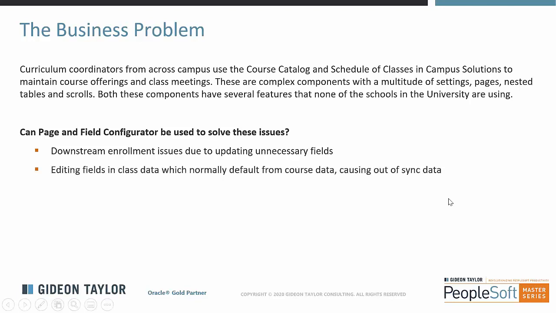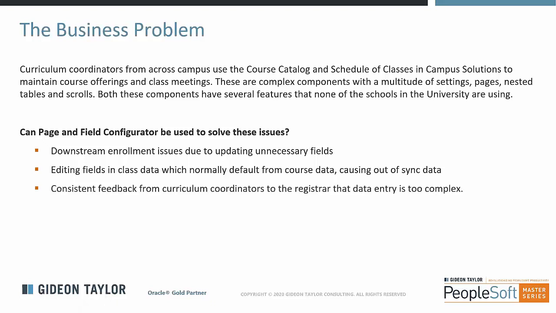And then there are also fields which are common at the course level and the class level. Those of you in the HCM world might recognize fields that are common in position data and in job data. And what they were finding was that the curriculum coordinators were editing class data differently than the same fields in course data, causing out of sync issues between the two levels.